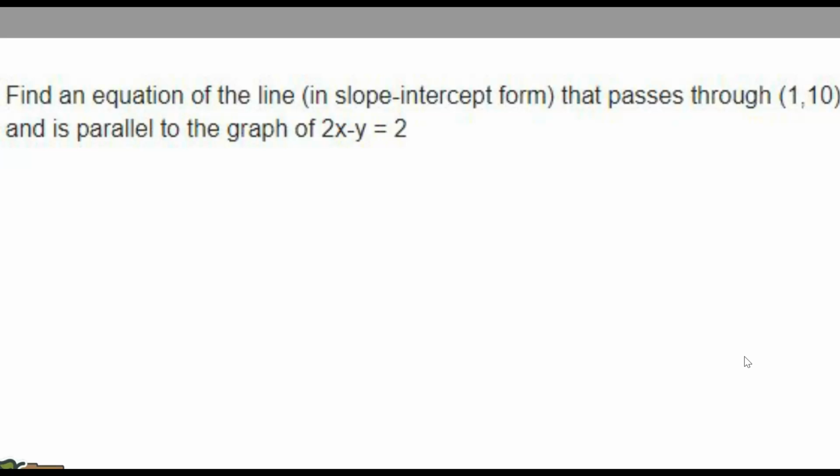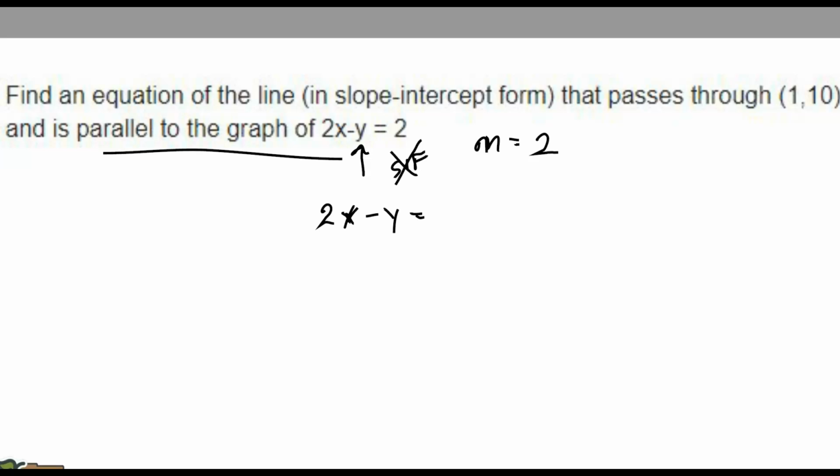So find an equation of a line that passes through the point and is parallel. So this is the same type of thing, but here's the trick. That is not slope-intercept form. Do not just assume the slope is 2 right away. You got to get y by itself before you can make that assumption. Now, in this case, it actually ends up being 2, but please make sure to check.